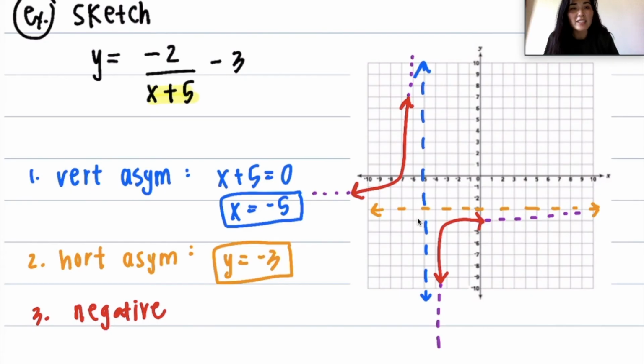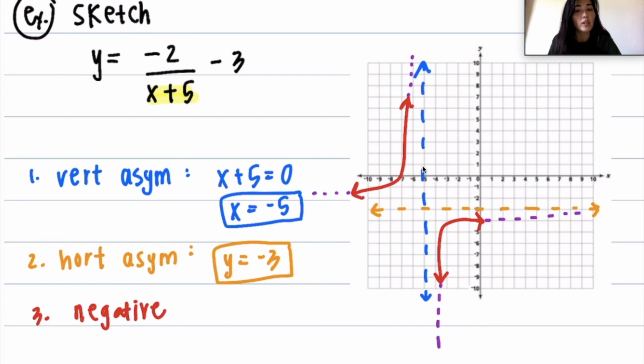And our last piece then, we're going to just talk about comparing this to the parent function. I would like you to tell me how your new graph differs from the parent function. So for example, in case of this one, notice here that our denominator had a vertical asymptote. The asymptote, instead of being here at 0, like we saw in the parent function, is shifted over to the left.